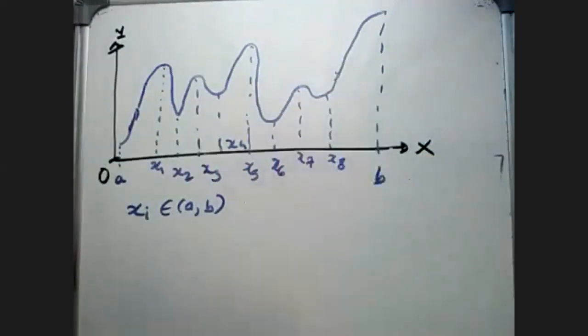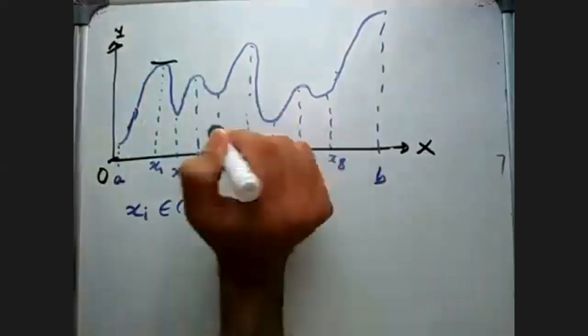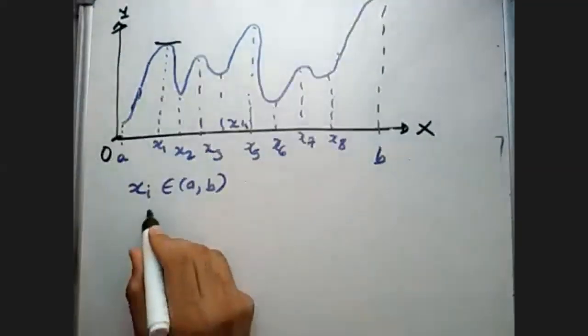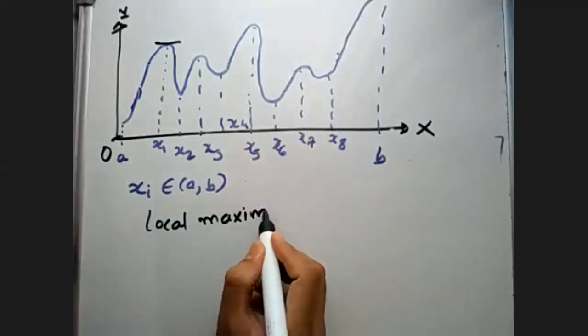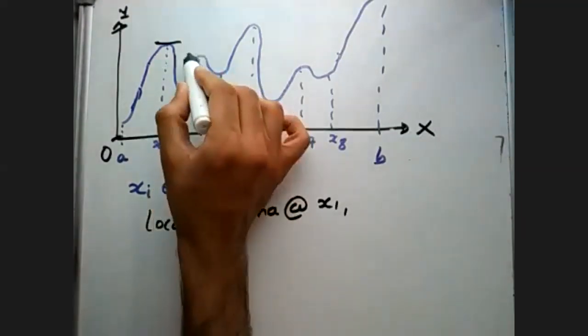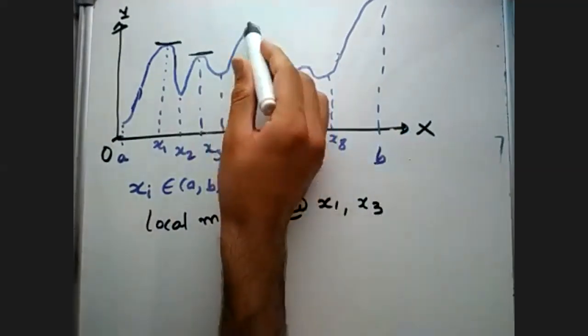Okay. Now if you observe this, here is the x1 point having maxima or not? Is your x1 point maximum in its neighborhood or not? So local maxima are here. What are my points of local maxima? So local maxima will be at x1. x3 is also local maxima or not? Here x5 is also local maxima or not? x7 is also local maxima or not?